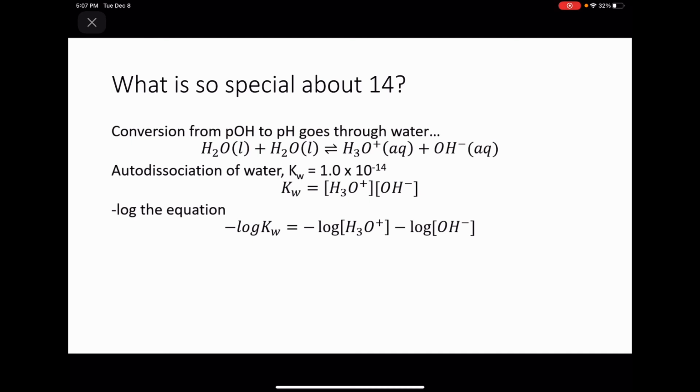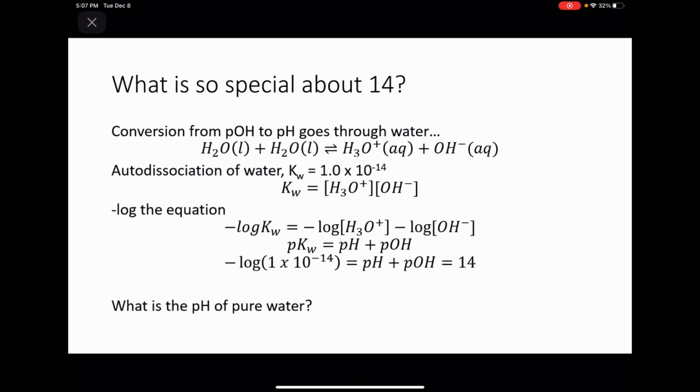So we have the negative log of H3O plus, the negative log of OH minus, which are both the pH and the pOH. And now I put a P in front of the Kw just to be consistent. So pKw is equal to pH plus pOH. If we plug in the 10 to the minus 14 into the negative log, 14 is the sum of the pH plus the pOH.